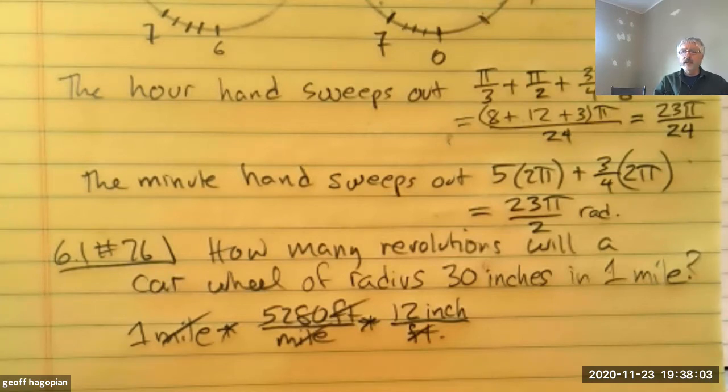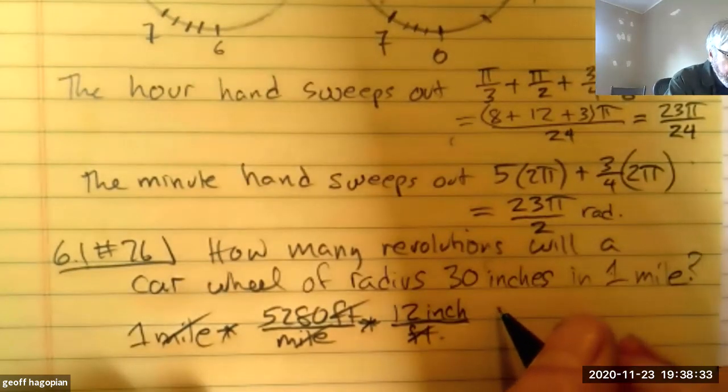So then we want to say, how many inches per revolution? Or how many revolutions per inch? Is that a fixed quantity? Yeah, it's a circle, right? So what's the circumference of a circle of 30 inches? Well, 2 pi, radius 30 inches, so 2 pi r is going to be 60 pi, right?